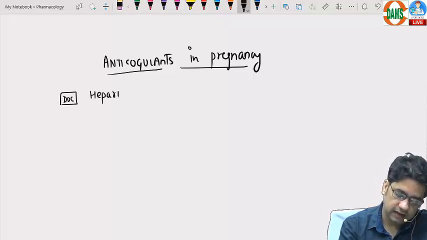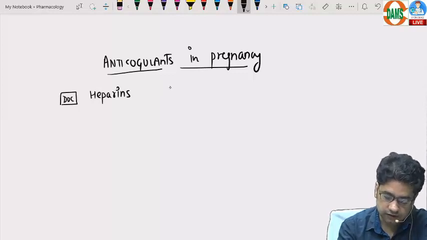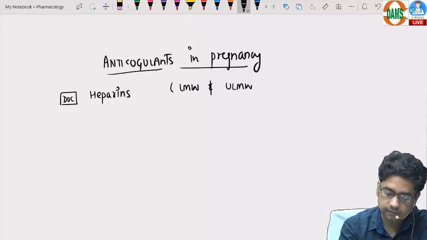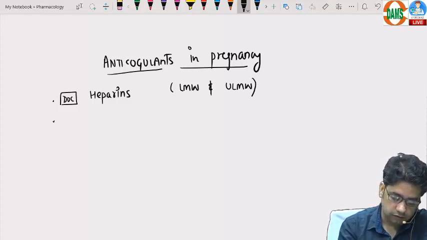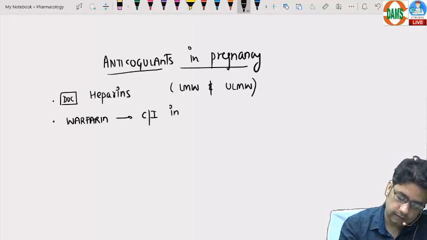You can give any heparin you want, but the most preferred are low molecular weight and ultra low molecular weight heparin. Okay. What about warfarin? Warfarin is contraindicated in the first trimester.